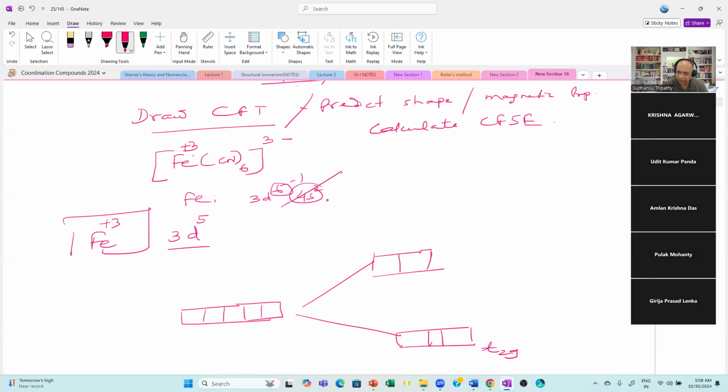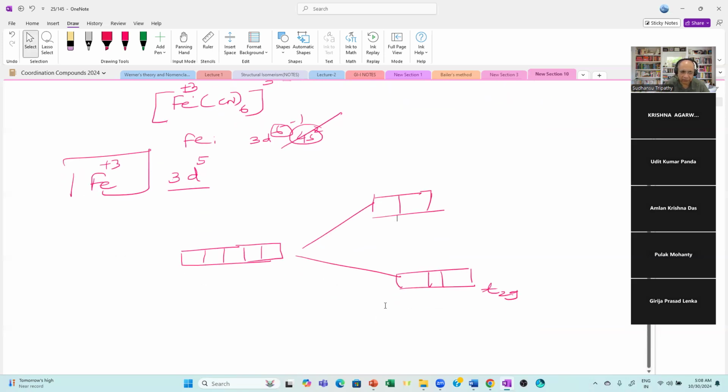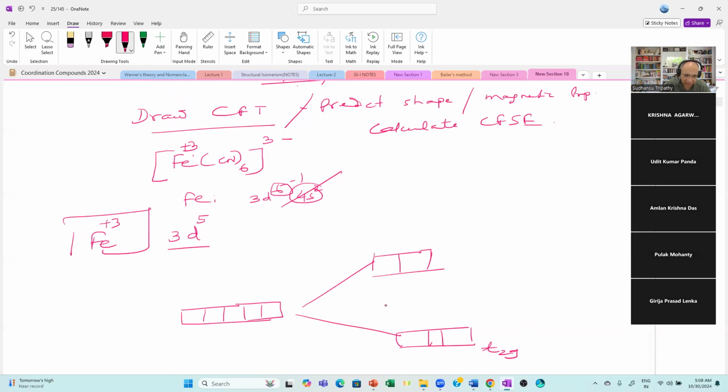And we have to use the CFT, crystal field theory, where we found that this is ferric 3d5, and in the isotropic field, that means without any splitting, without any ligand field, it is d5. By Hund's rule, 5 unpaired electrons.